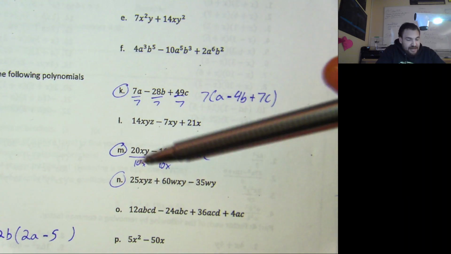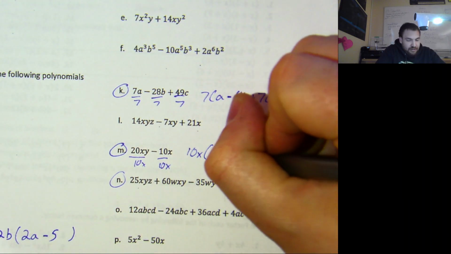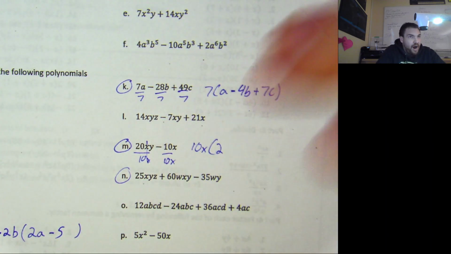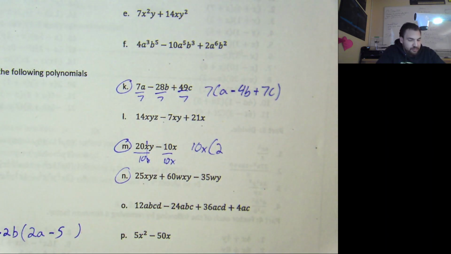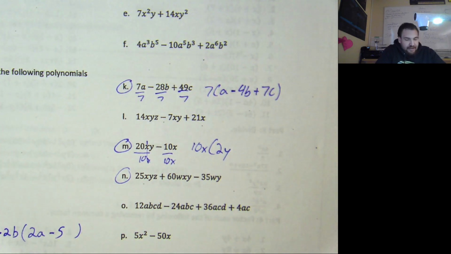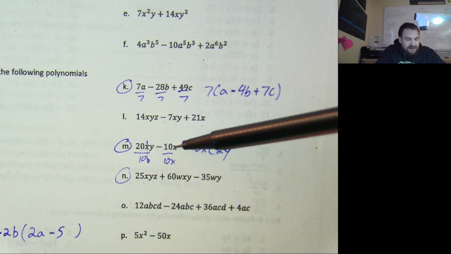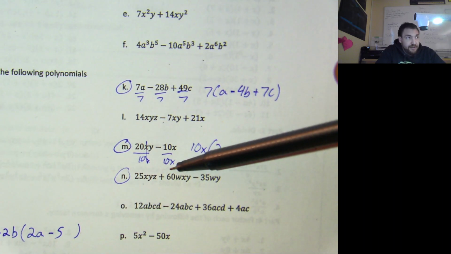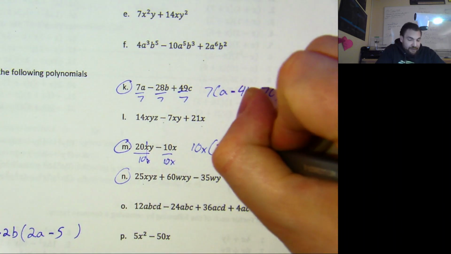So then 20 divided by 10 is going to be 2. The x's cancel, leaving you with 1, not 0. And then the y is just going to be there by itself. Well, you know, with the 2, but whatever. And then you've got the negative 10x divided by 10x is going to be negative 1.